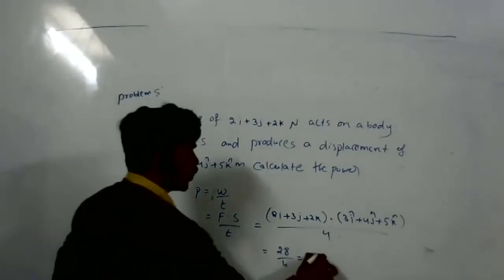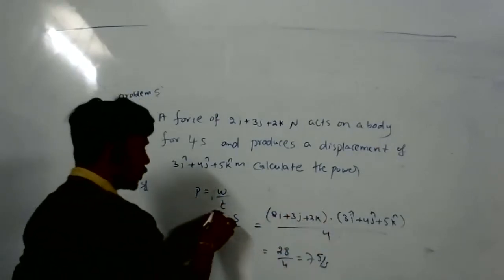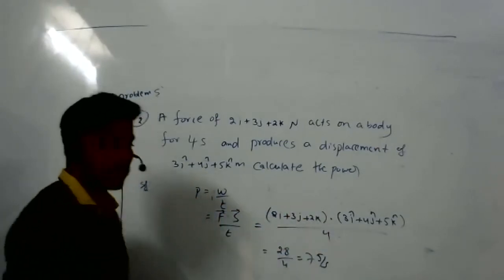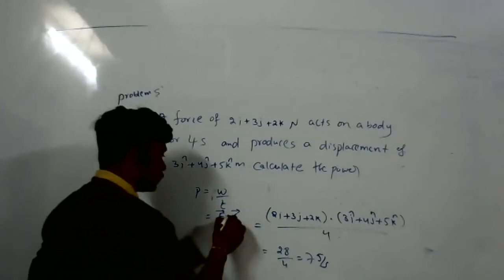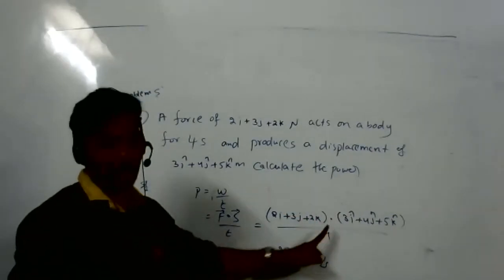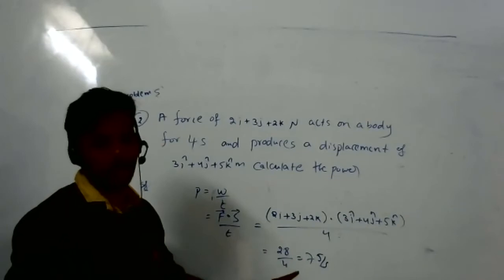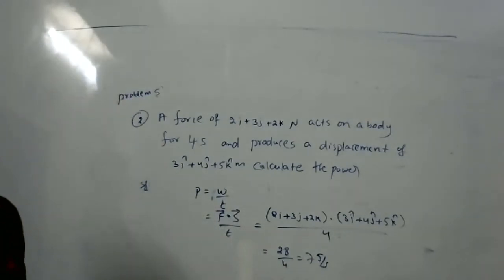Work equals force into displacement. Force and displacement are vectors, but we want a scalar answer, so we have to apply the dot product. I applied the dot product by 4, so you will get 28 by 4, which is nothing but 7 joule per second, which is 7 watt.